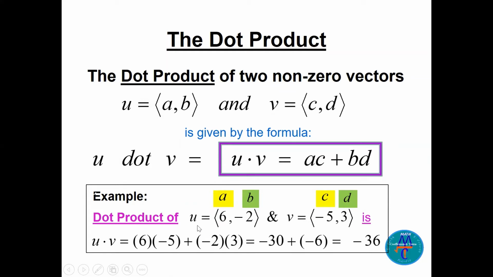Simple example here: if we have a vector u = ⟨6, -2⟩ and vector v = ⟨-5, 3⟩, so this is a, b, and this is c and d. So the dot product will be 6 times -5 plus -2 times 3. That will be -30 - 6, so -36 is the answer.